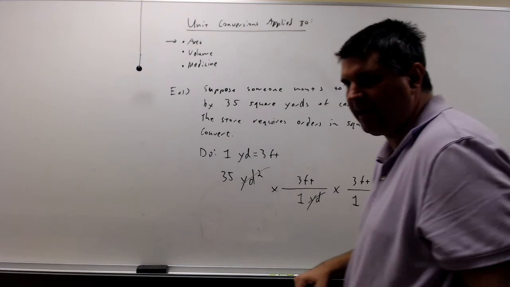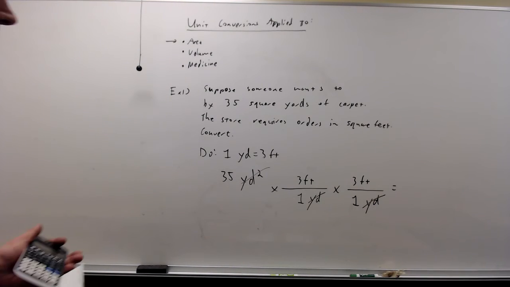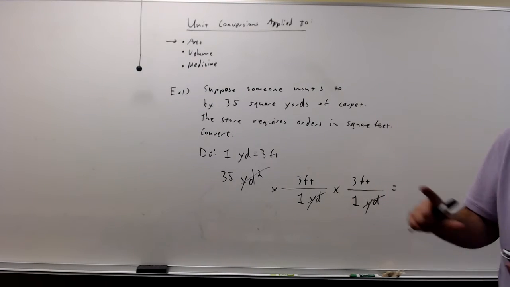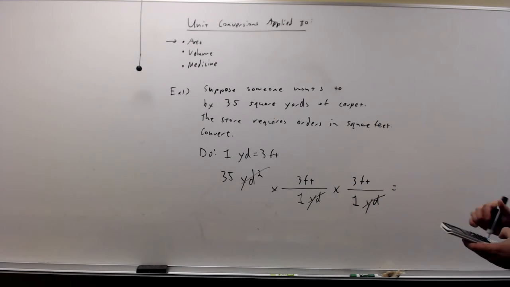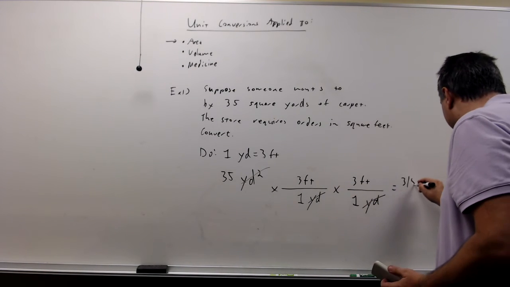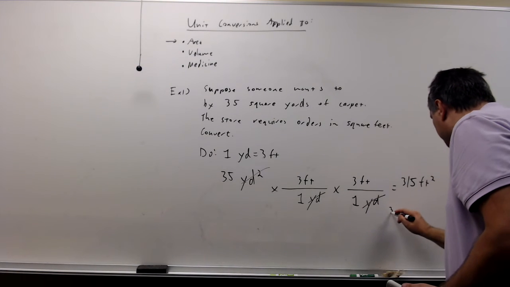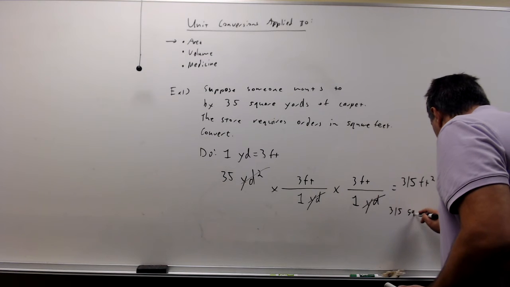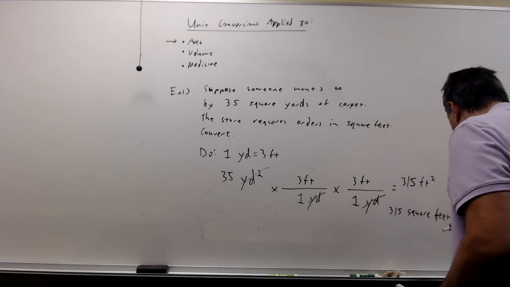So now we have 35 times 3 times 3. I'm going to have to grab my calculator, which is off camera right now. 35 times 3 times 3 is 315. Feet times feet is feet squared. So 315 square feet. Okay?